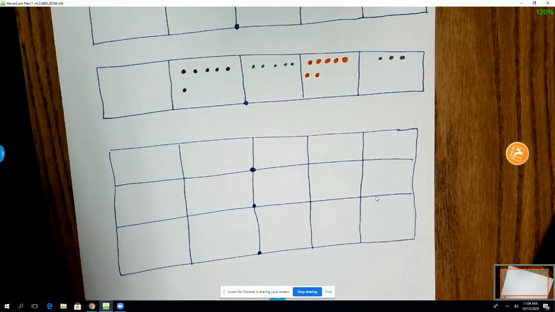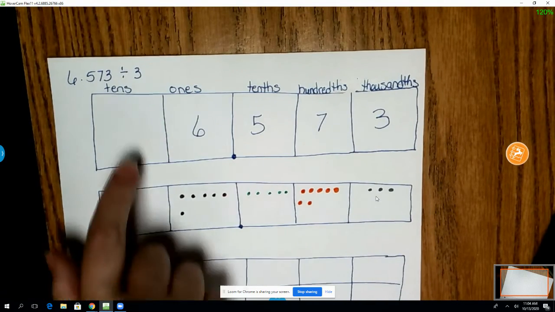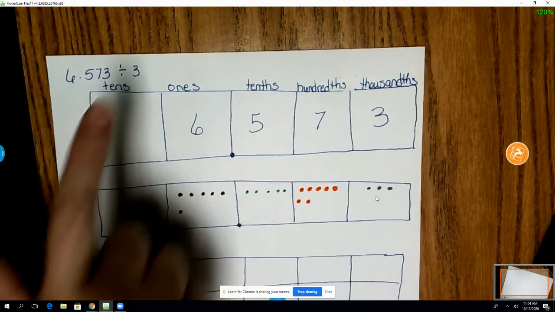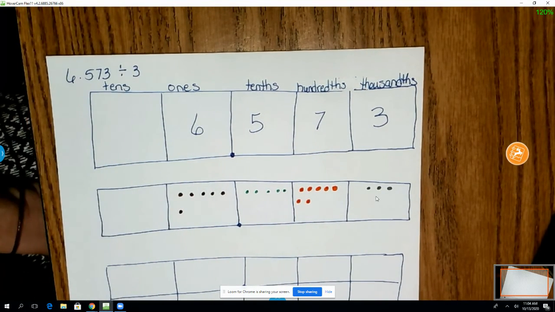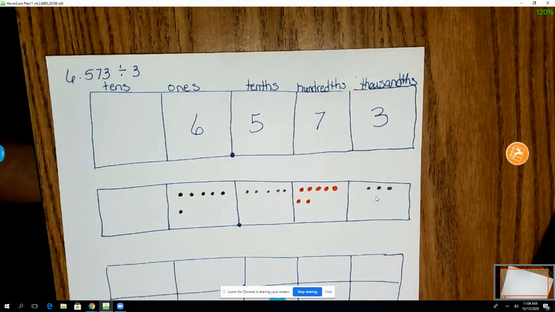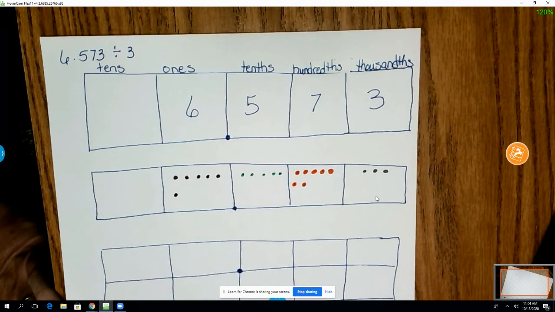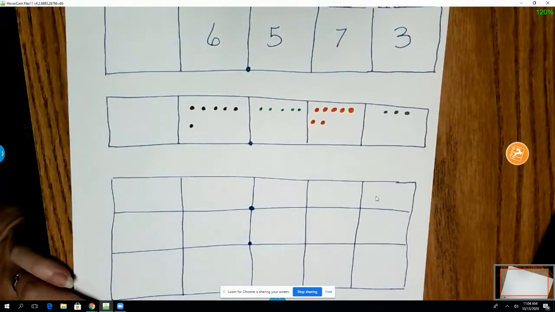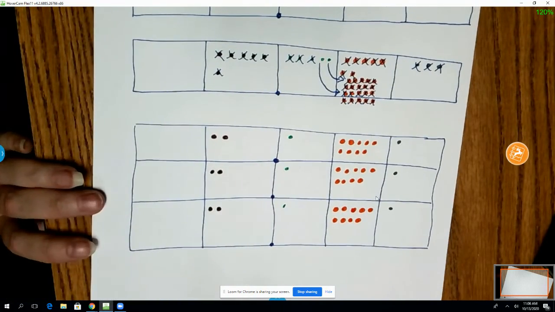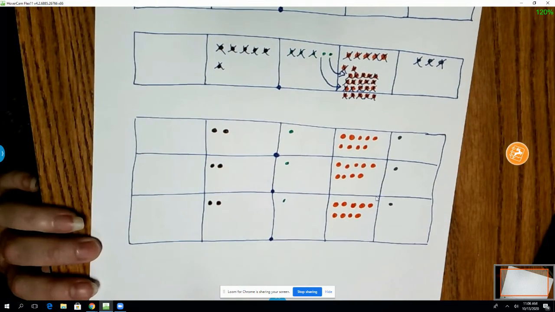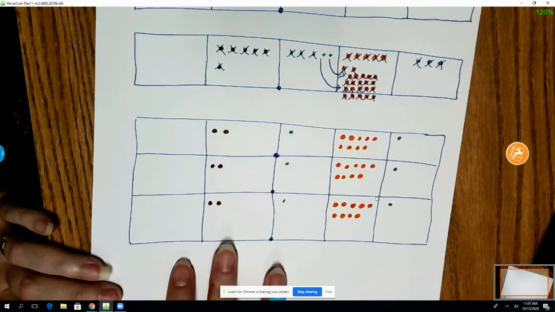You drew 3 different groups so that we can divide these out by 3. So now let's do that. Pause here and divide yours out all the way to the end until you have no more to divide. Okay, hopefully you have something that looks like this.